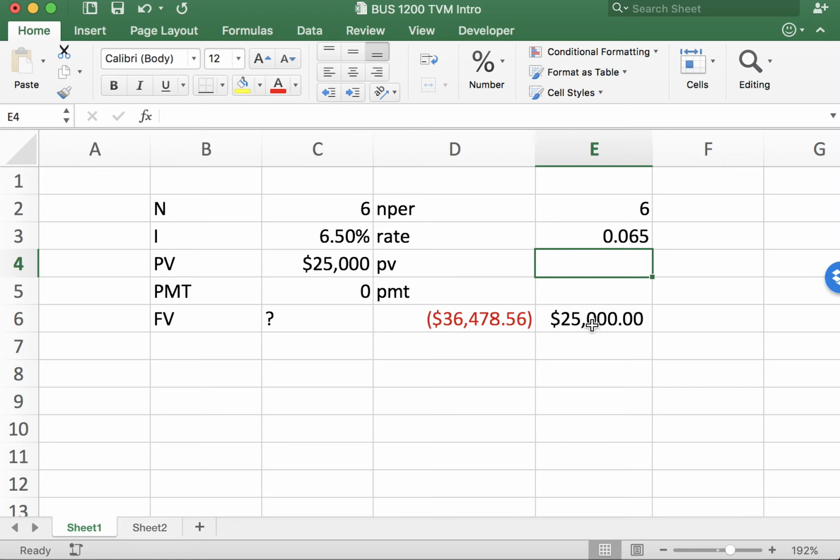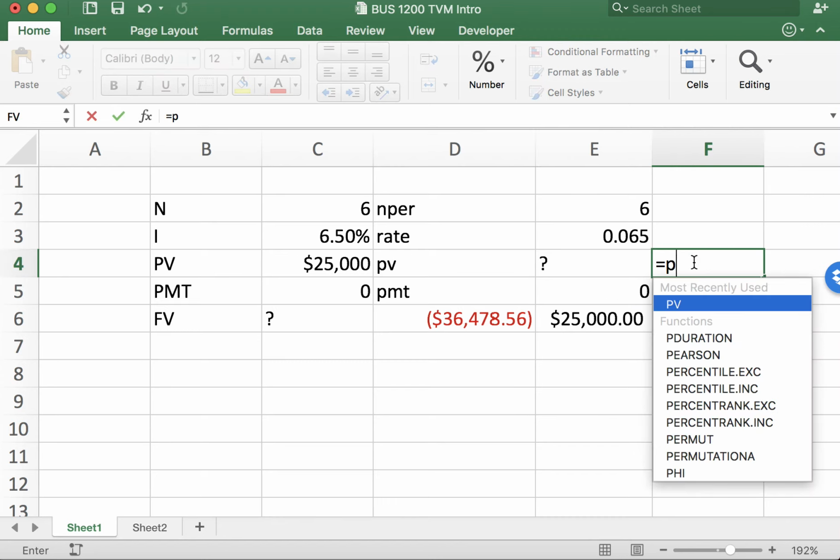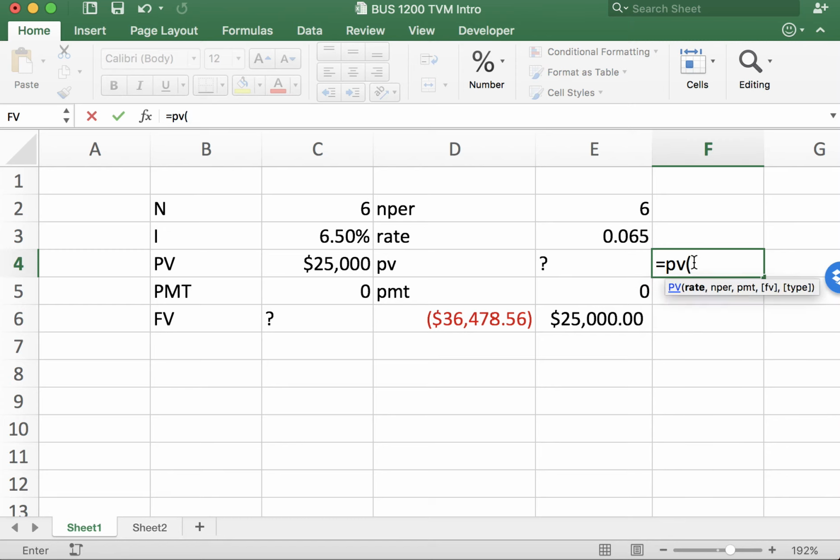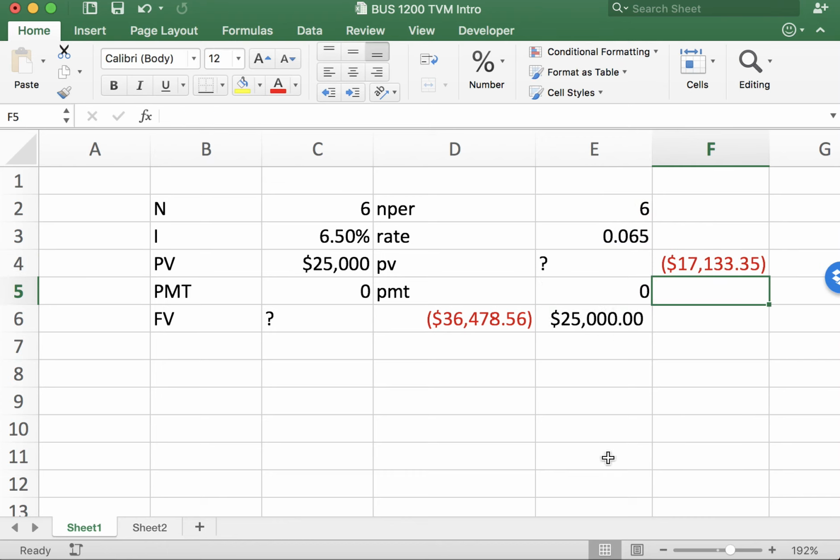So if I want $25,000 in the future, and I can get 6.5% on my money for 6 years, how much do I have to deposit today? So if that's what I was looking for, and of course there's still 0 payment, it's simple. It's equals present value, parentheses, and we have rate, comma, NPER, comma, payment, comma, future value, and parentheses, enter.